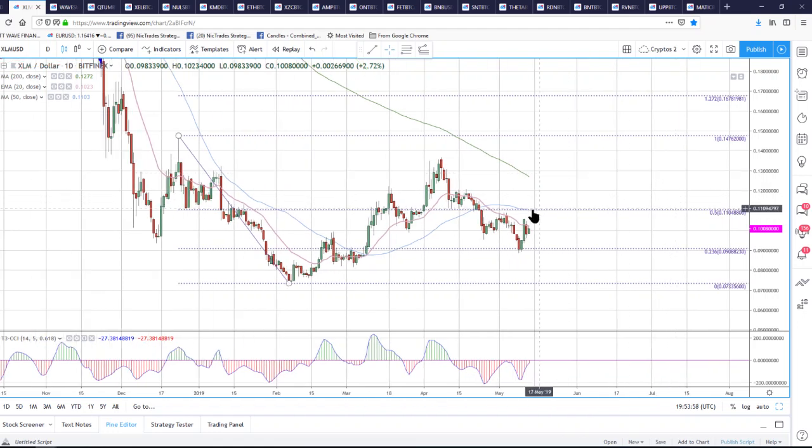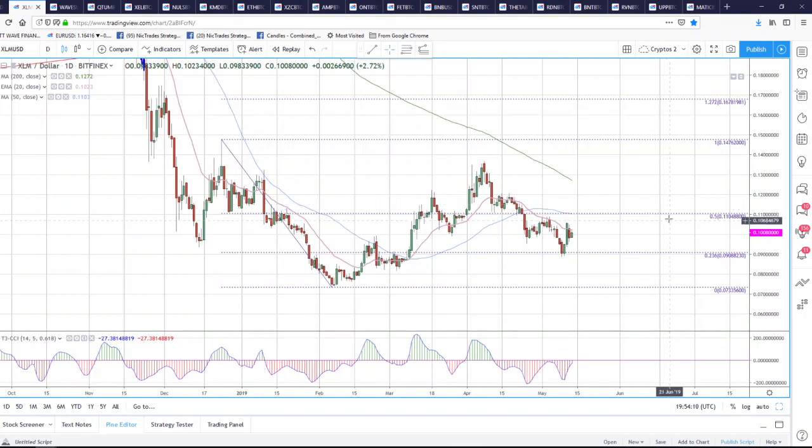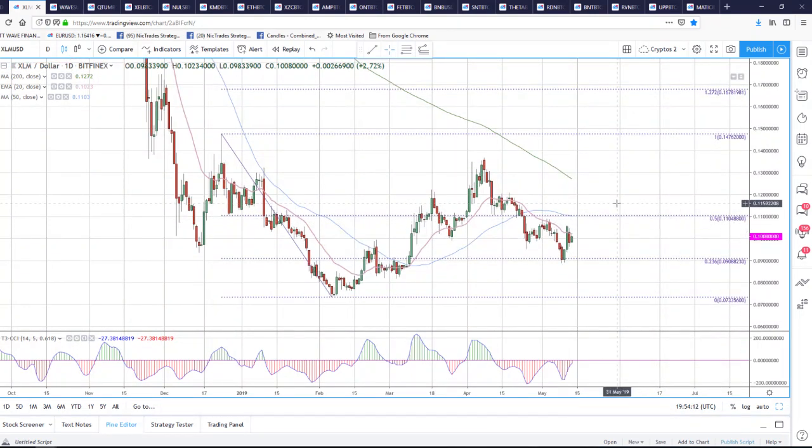If Lumen got back above this daily 50 moving average and this 50% level in the middle here, then I think we'll see another leg higher. But that's major resistance, 0.1104. So if it doesn't and it carries on lower tomorrow, I think you're better off in something else than Lumen, unfortunately. And so there's no signal to buy for me either.